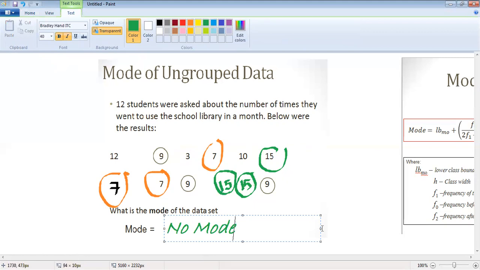By the way, when we have 2 modes, it's called bimodal. So that's for ungrouped data. All you have to look into is the frequency of those given data. Okay, so let's just move on.